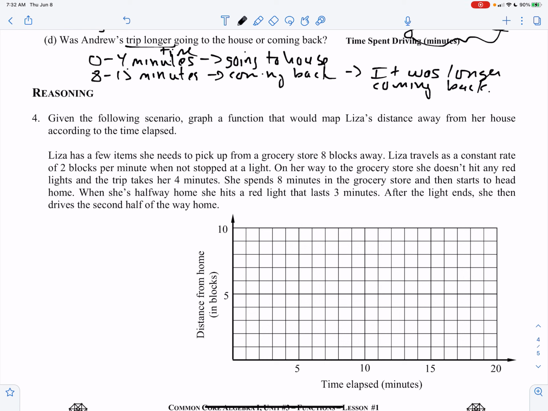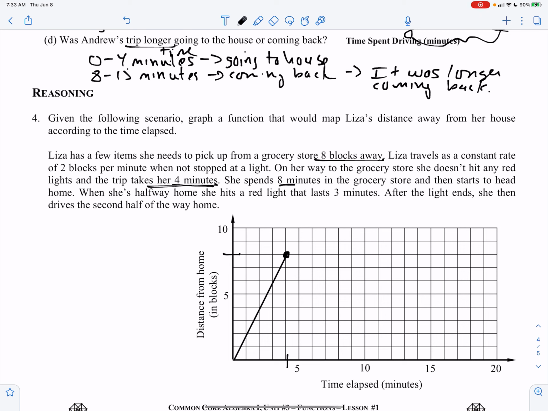On her way to the store, she doesn't hit any red lights, and she takes 4 minutes. So she gets to the grocery store, which is 8 blocks away. So 4 minutes, 8 blocks. There's our first point, and that first line represents her moving 8 blocks in 4 minutes.